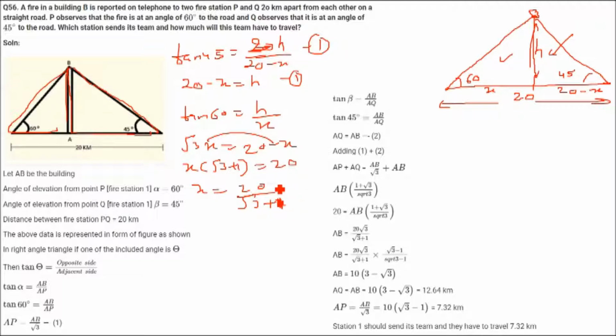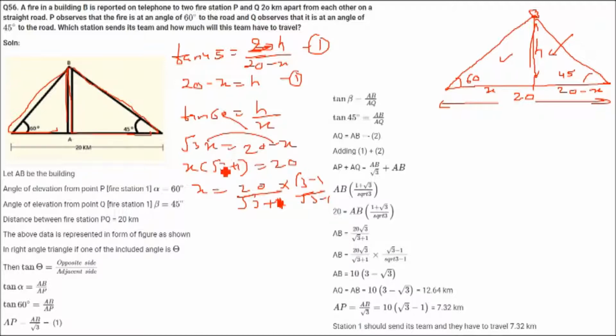Okay, so let us multiply the numerator and denominator by root 3 minus 1.